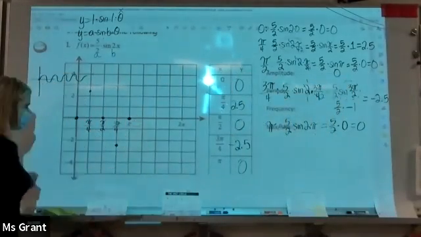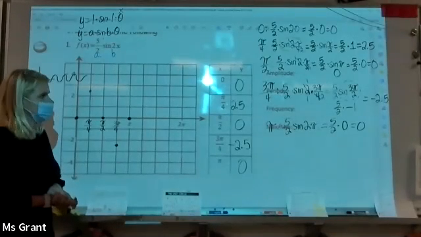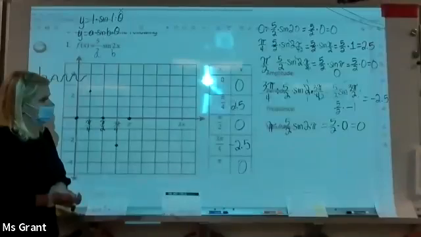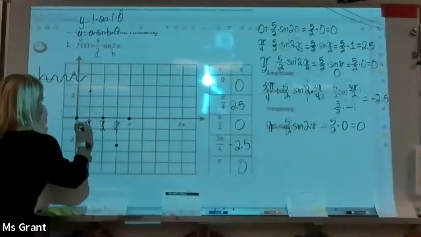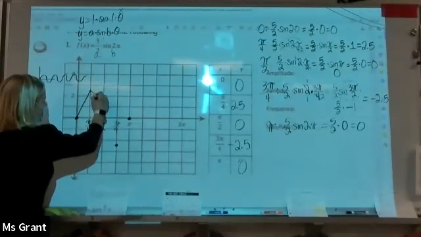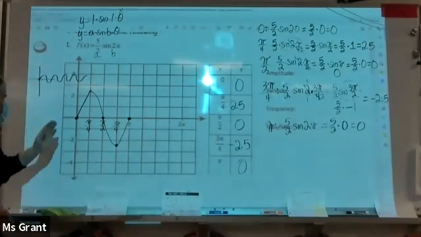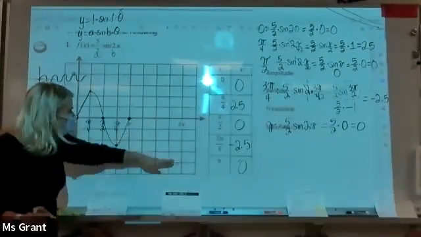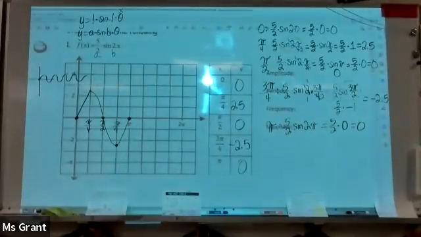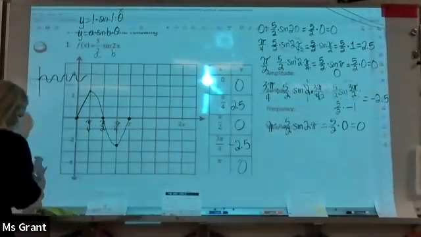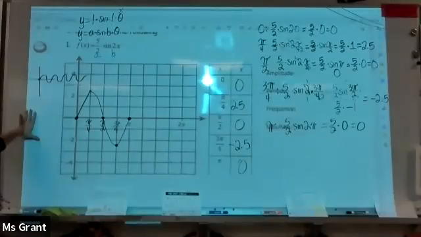At pi, I'm back at 0. Ready? Okay. This is more compact. The 2 is the reason. I'm already not liking how I did it. But this goes over and over forever and ever. That's the sine function. We're not worrying about left, but it does go to the left too, forever.